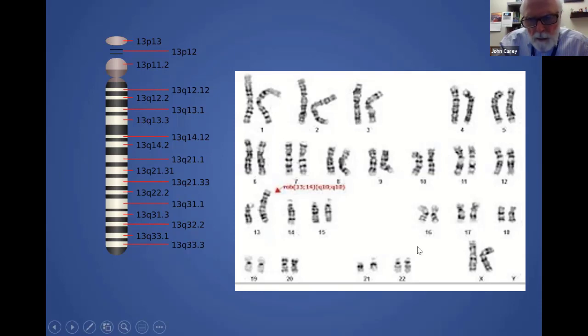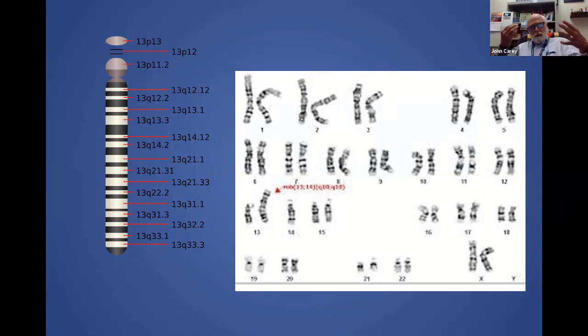But notice, I'm sure you didn't have time to count it up, but if you count up the chromosomes, there's only 45. There's not 46, because the 14 over here is on top of this 13 in this fusion chromosome. So this person has two 14s, that is all of the long arm, and two 13s, but they only have 45 chromosomes because of that fusion chromosome.